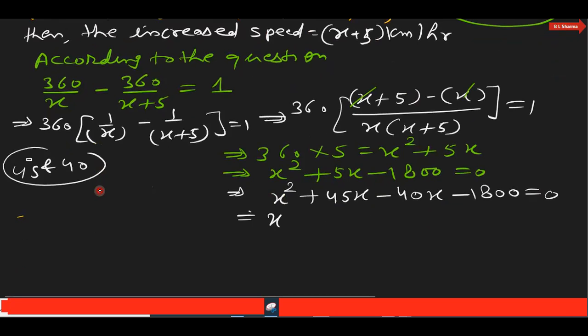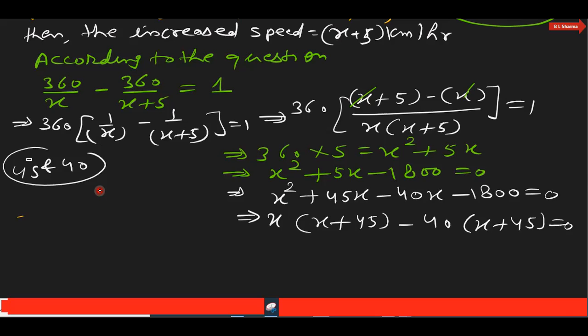Again taking x common, x plus 45, taking minus 40 common, x plus 45 is 0. Again taking common x plus 45, x minus 40 is 0.